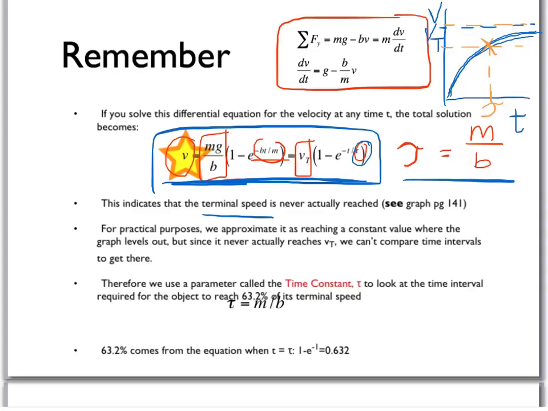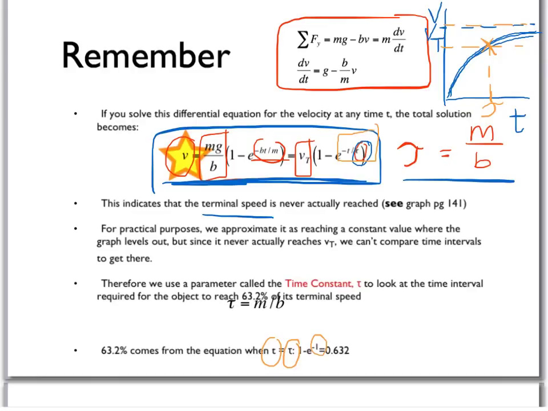The reason why we choose 63.2% of the terminal speed, I know it sounds kind of crazy, why 63.2% of the speed? It does come from the math. Basically, we're looking at the time interval t, where t is actually equal to tau. So essentially, when we come back up to this exponent on the e here, if t and tau were the exact same thing, then the exponent on the e would actually be equal to 1, which you see down here.